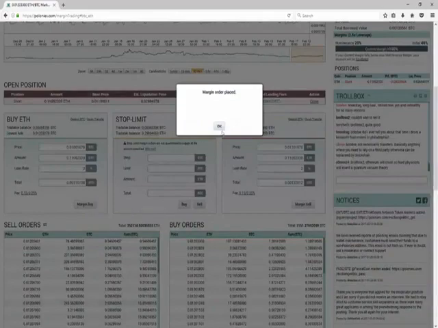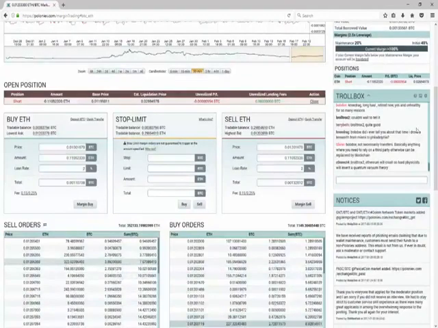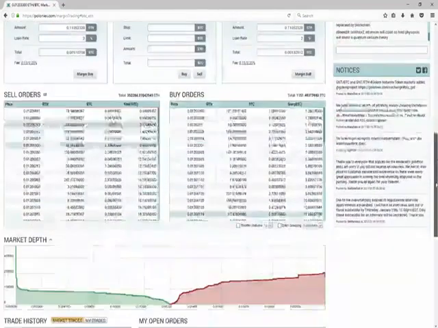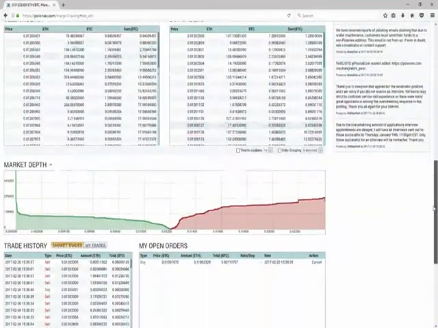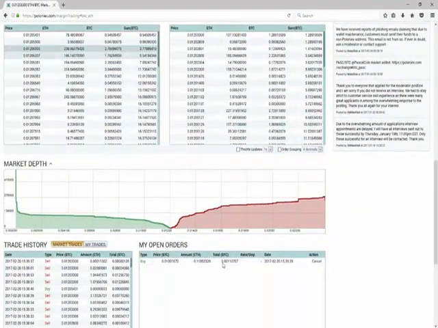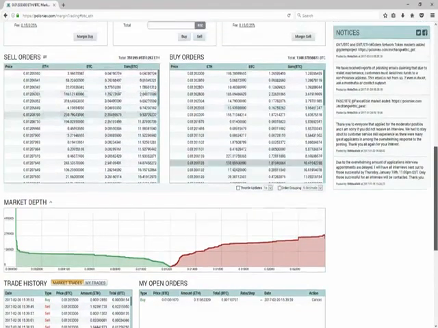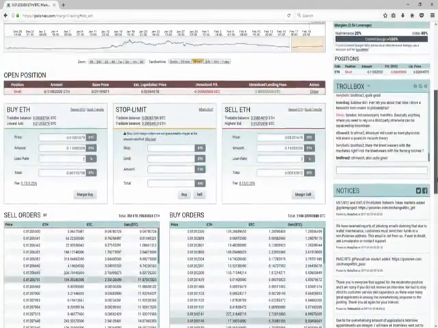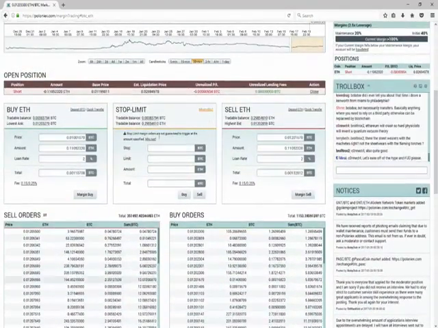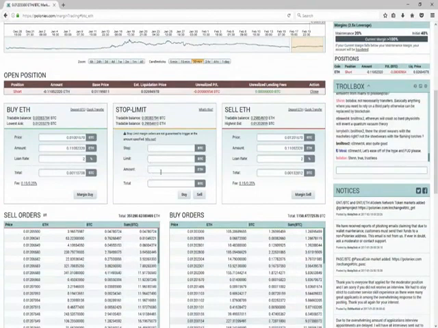And so what that'll do is it creates a one cancels the other, OCO. So as soon as the price hits that value, it'll close out my order and profit automatically. So I don't really have to pay attention. Now, I could set a stop as well. If I don't want the market to go against me, I can set a stop exactly the way I demonstrated before, right?